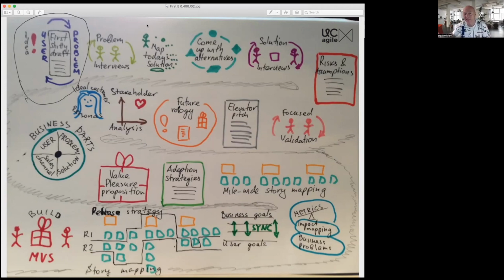So ideally, you want your product to help some people solve some of their problems, right? Unless it's a game, and then we are talking entertainment. But entertainment is also a problem, I mean, people want to be entertained. So we are looking for users with problems, and we create the first shitty draft. It's just a one-page description of, hey, we think there is a problem for that type of customer segment.